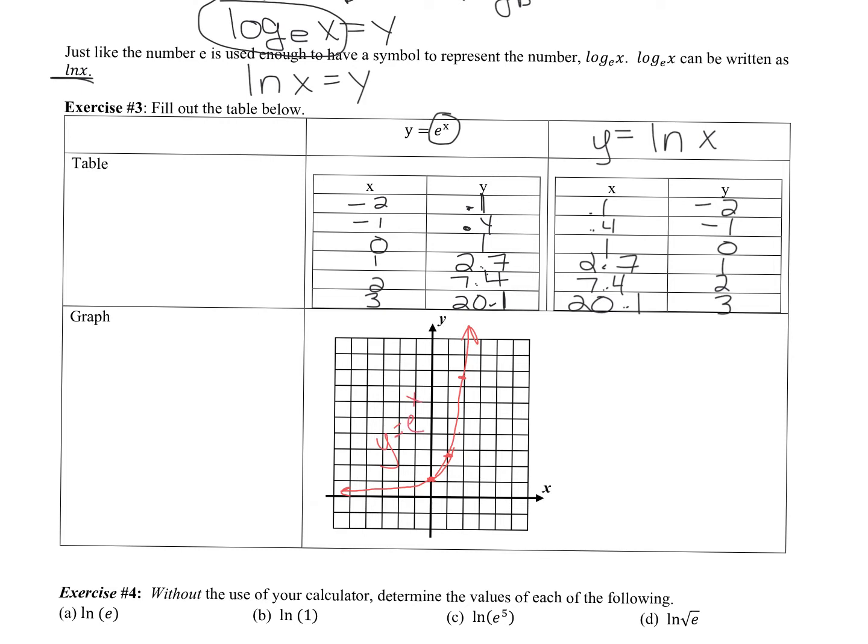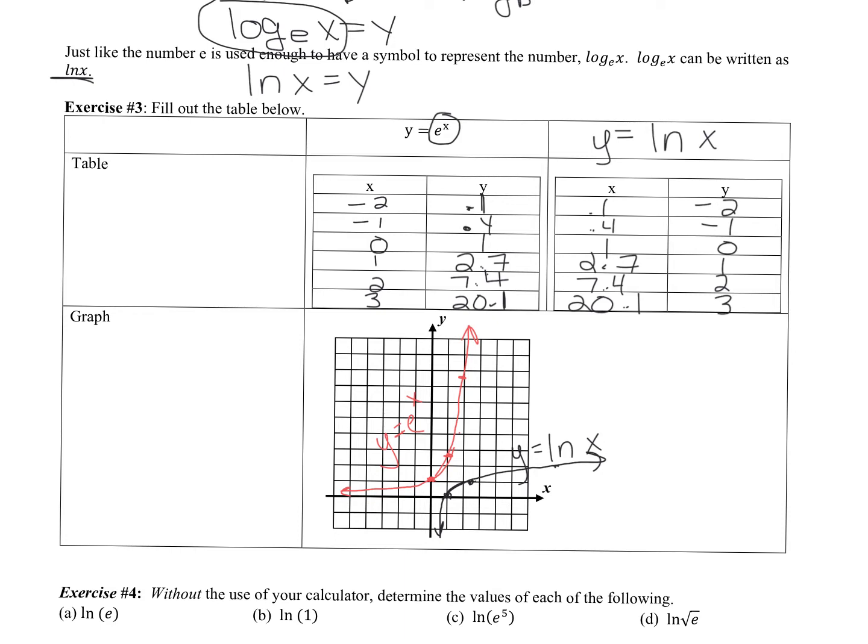And over here we have 1, and then 0, 1, and then 2.71 and 7.42, which is a little bit off the graph, so I'm just going to put that there, and you'll see the same shapes. If I did all those questions about domain and range and end behavior and all that good stuff, I would get the same answers with these two functions.